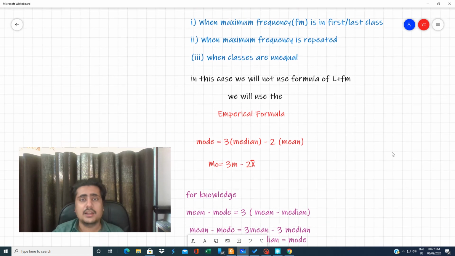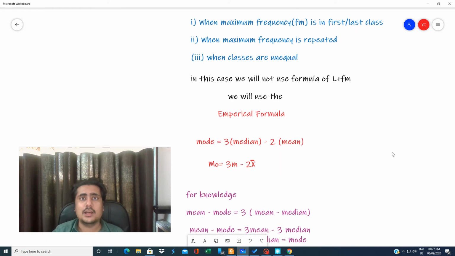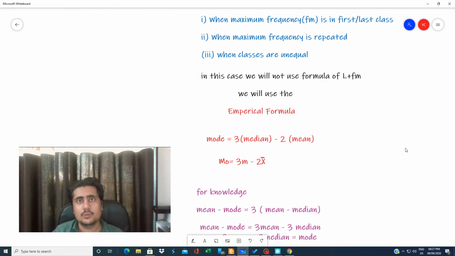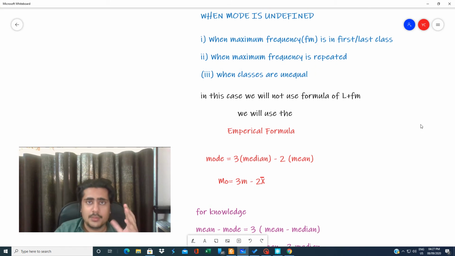Then when classes are unequal. Classes are unequal means class length is not equal. If class length is not equal, then you have to come to the empirical formula. These three conditions you have to remember, because in a question you have to observe whether any condition falls in this criteria.